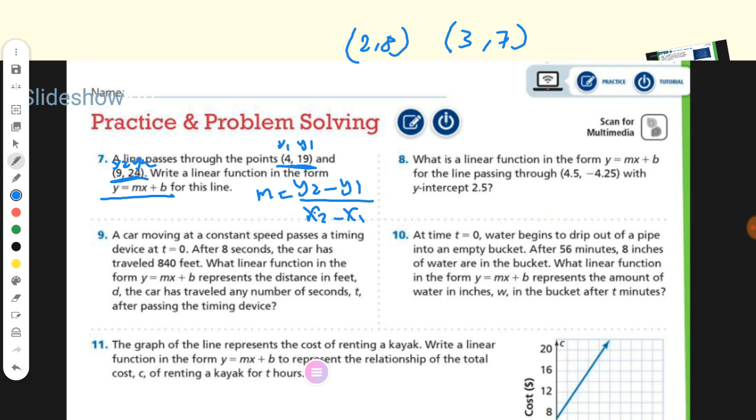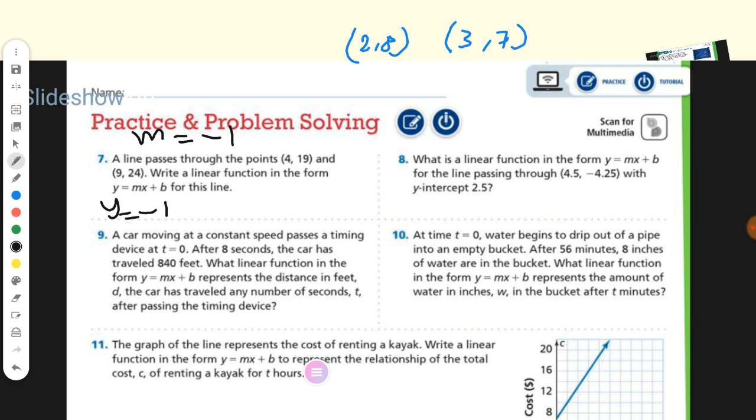It will be 24 minus 19 over 4 minus 9, it should be 5 over negative 5, equal negative 1. So the slope is negative 1. Okay, I calculated the slope now. It's negative 1, remember it. So m equals negative 1, so y equals negative 1x plus b.